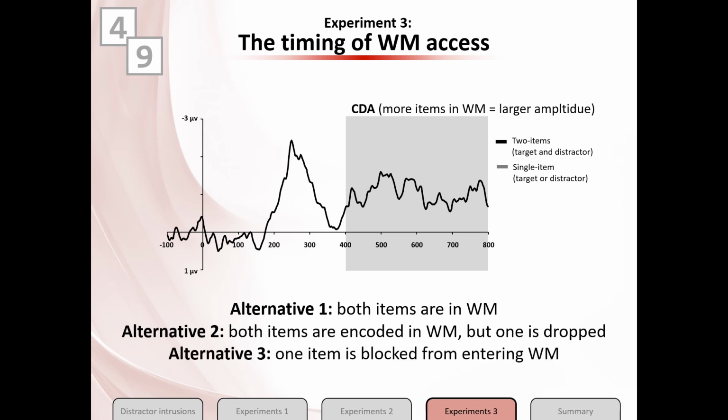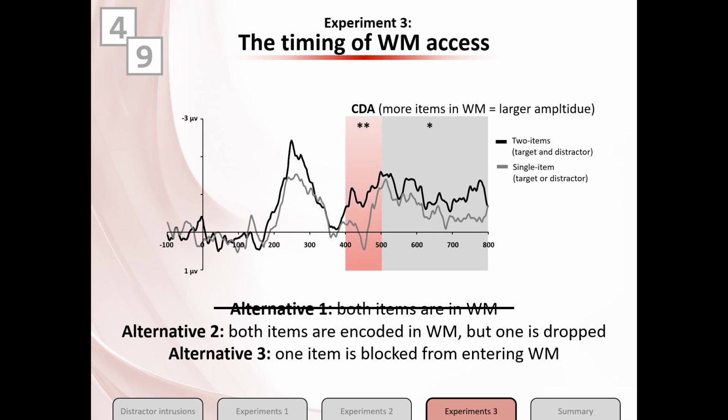Finally, third option, if one item is blocked from entering working memory, then we should observe a difference in the CDA from the earliest time window. And what do you think happened? First of all, it's clear that the amplitude of the CDA is different overall. So that canceled out the first option because it shows that the number of items in single item trials was indeed lower than two item trials.